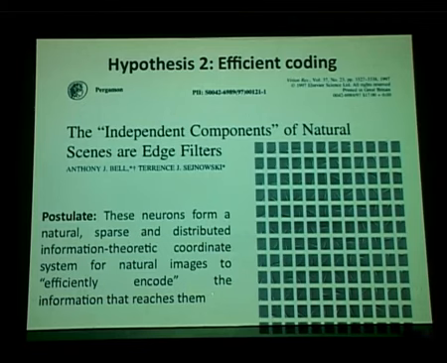So if you have the visual system receiving inputs from the natural world, there is a certain statistics associated with the natural information out there.